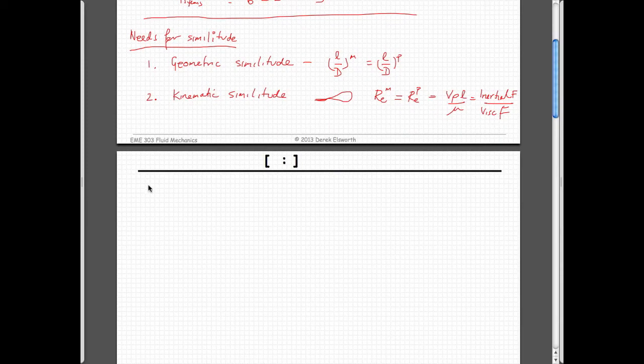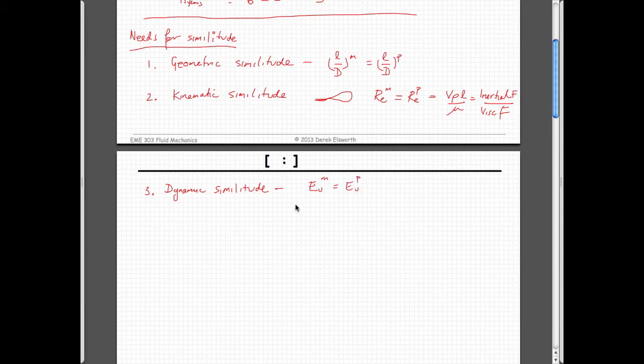And then finally, what we want to be able to do is make it dynamically similar. Similitude. And that is that we can use some other property. Usually for us, dynamic similitude means that the Euler number of the model is equal to the Euler number of the prototype, if you want to get lift on a system.